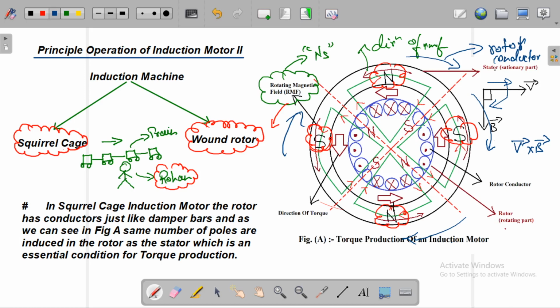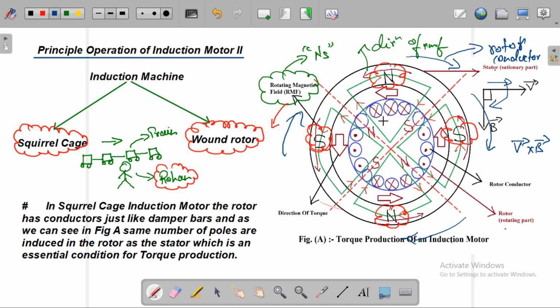Again north pole, the conductor notation is cross, and again south pole, the conductor notation is dot. This is the way we can notate dot and cross based on V cross B, or velocity of the conductor and magnetic field.